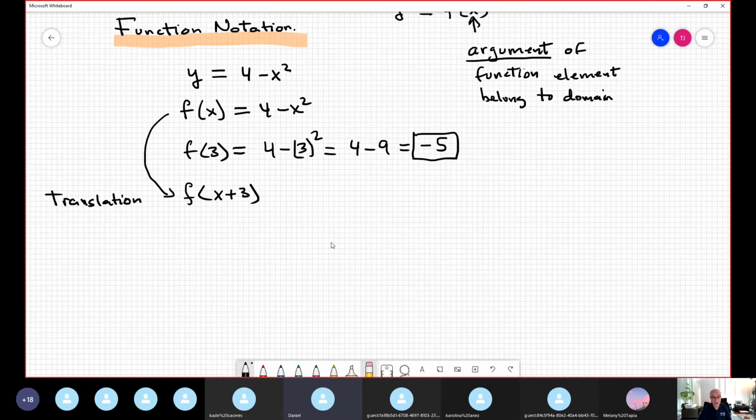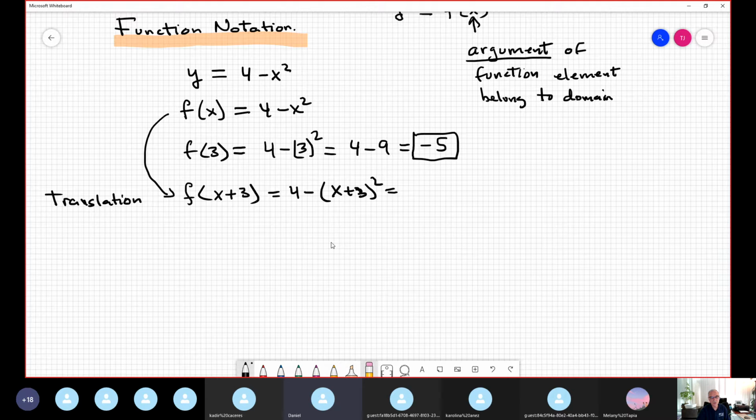We study this in detail next class. The thing I want you to understand is that you replace x for x plus 3. So one part is a variable, another part is numerical, no? So 4 minus parentheses x plus 3 squared, something like that.